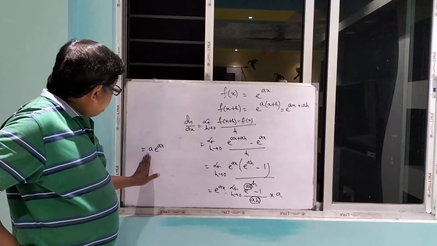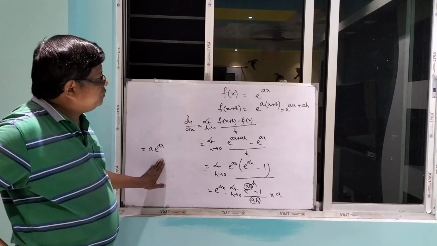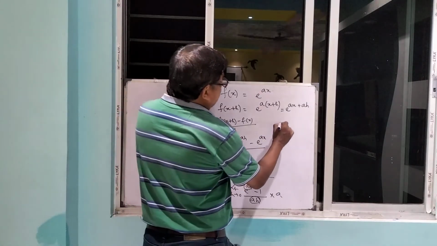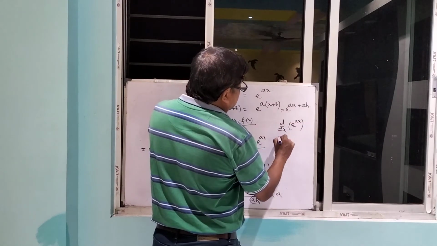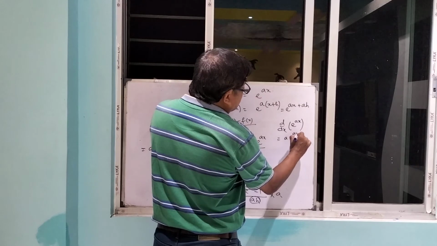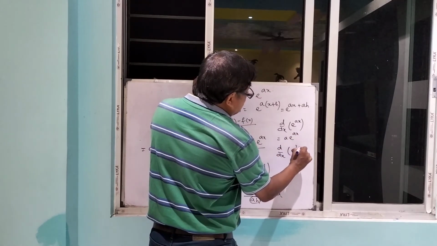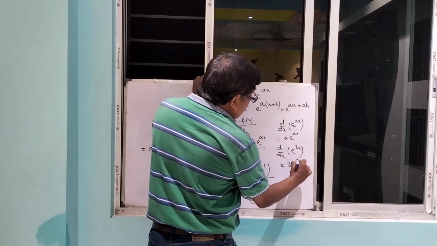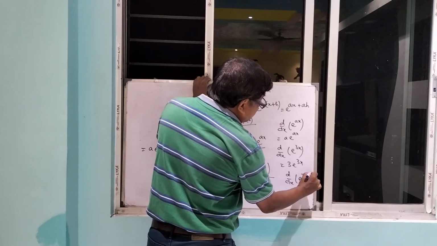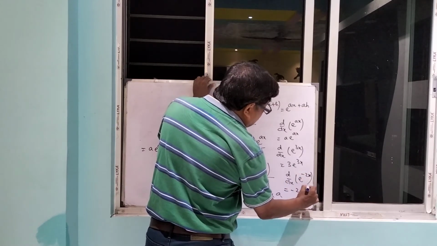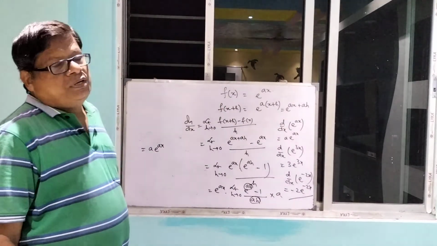So here we get a e to the power ax. So d/dx of e to the power ax is a e to the power ax. Similarly, d/dx of e to the power 3x is 3 e to the power 3x, and d/dx of e to the power minus 2x is minus 2 e to the power minus 2x. Keep in mind, with the help of first principle.